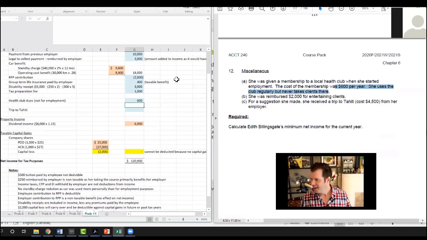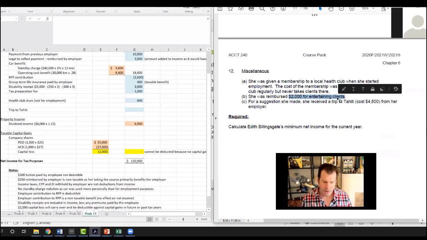All right. What's next? She was reimbursed $2,000 for entertaining clients. All right. Now we've talked about reimbursements. Here's how this works. The employer's like, hey, Edith, can you take these clients out entertaining clients? Oh, I know.